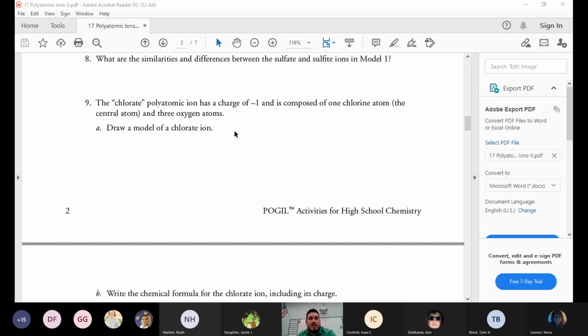So again, it's going to have a -1 charge when you do that one. You can try to draw it on a piece of paper. Why is it a -1 charge?